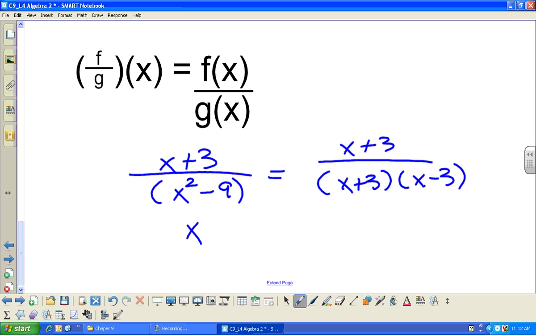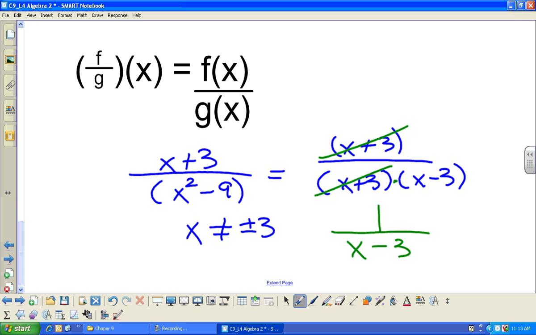In this case, I put both x plus 3 and x minus 3 cannot equal 0, leaving me with x cannot be +3 or -3. Since this is being multiplied in between here, I can cancel out x plus 3 on top and x plus 3 on bottom, leaving me with 1 over x minus 3. Whenever you cross out everything on top, you're still left with a 1.